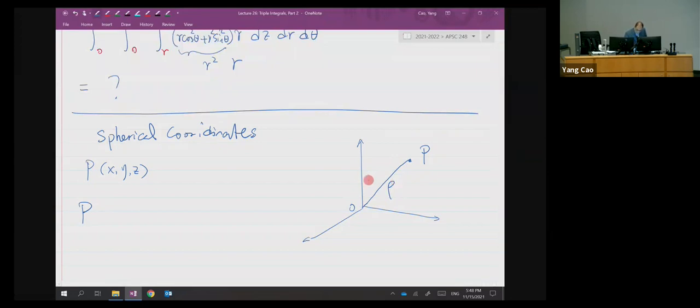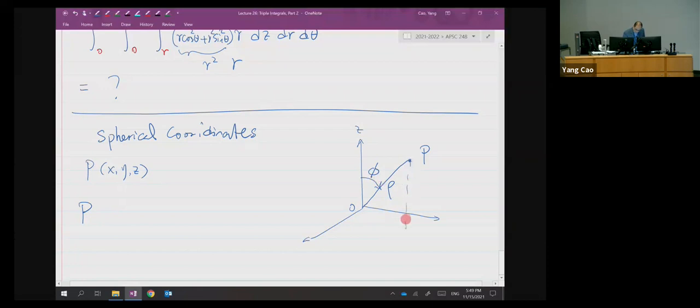And then you also create an angle from the z-axis to OP. This phi here starts from the z-axis and rotates all the way to where the OP line is, and that gives you the phi angle.